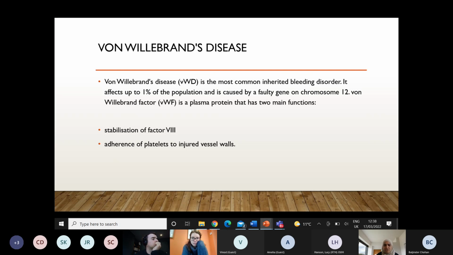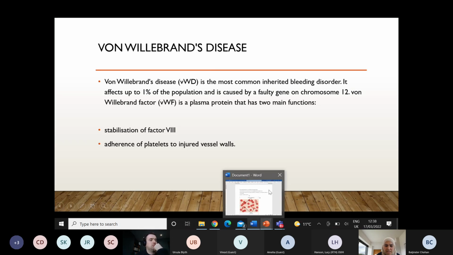So quite important. I think there is a little bit of evidence for screening some population, especially women who have menorrhagia at the onset of menarche, and easy bruising and bleeding. I think the first line test is a bleeding test for that as well.